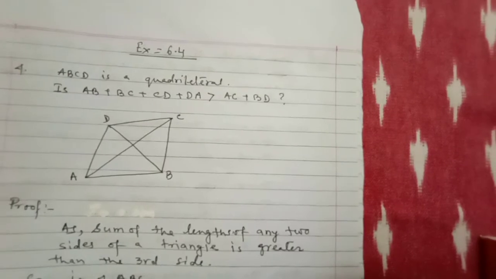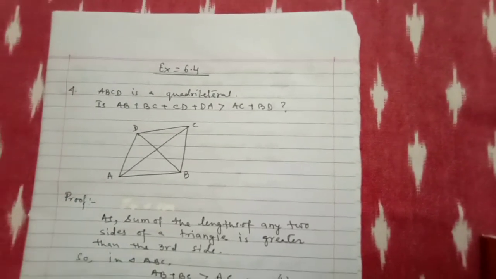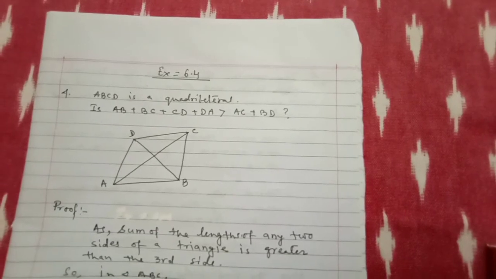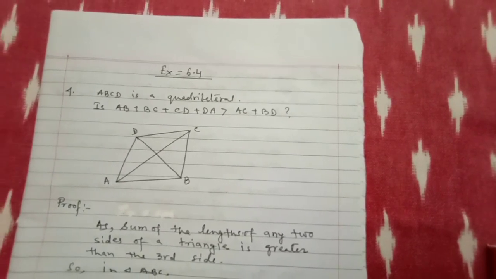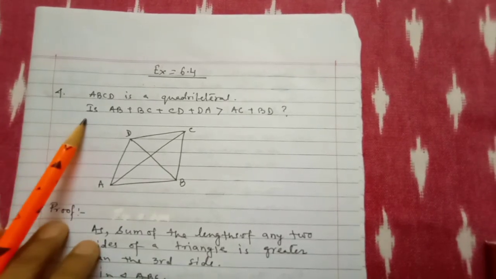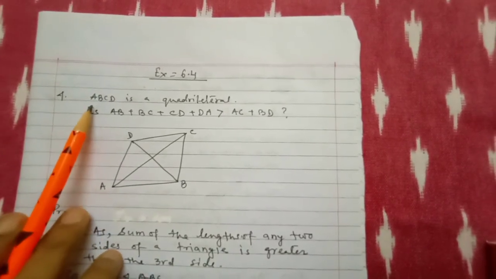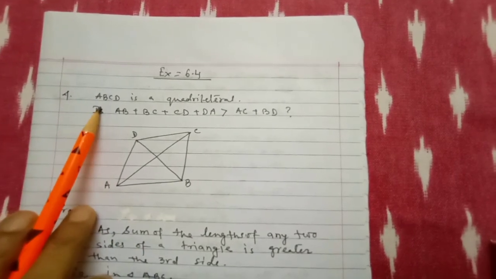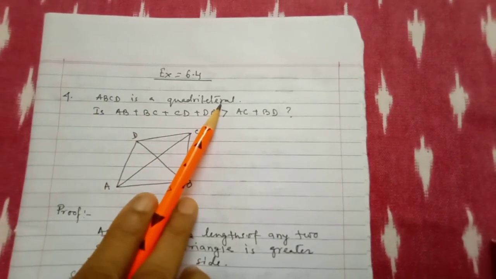Today, it will be the last part of 6.4 of chapter 6, Triangles and its properties. Question number 4 we will do today. It is again a proving sum. The question is, ABCD is a quadrilateral.